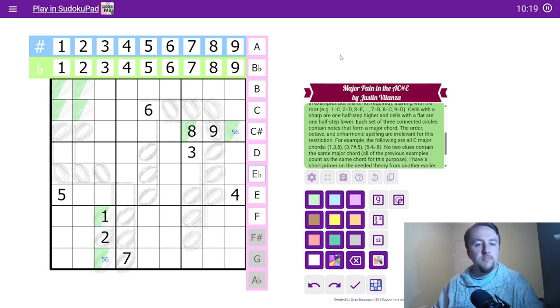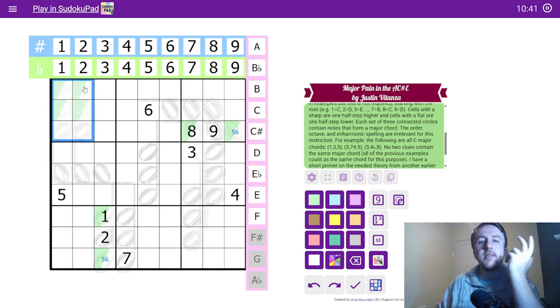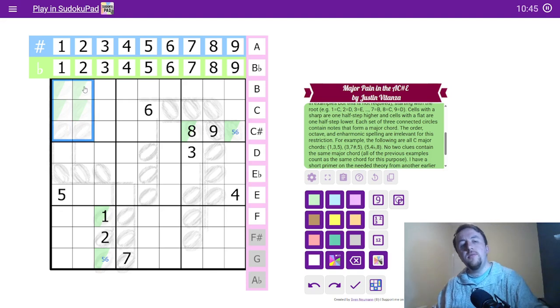So maybe the question becomes, where do we put those ones that require the double modifiers? Because if we put either of them in here, I mean, right, we've got 2 chords remaining that don't need any modifiers at all.